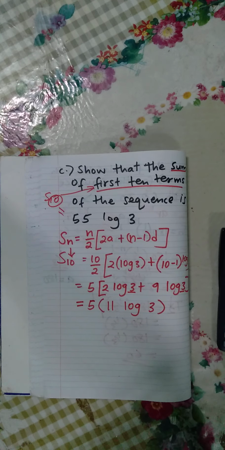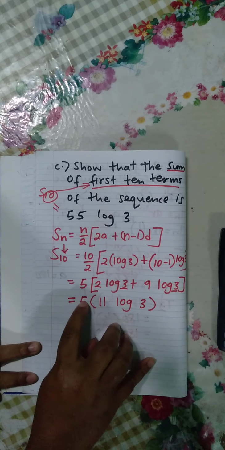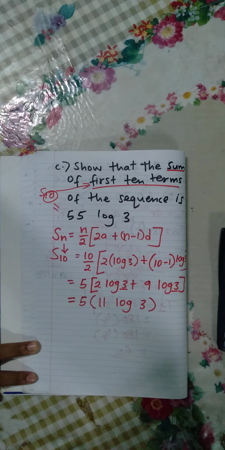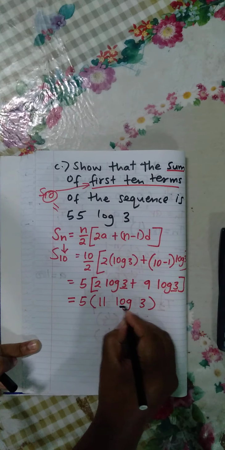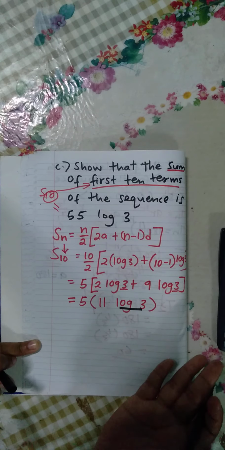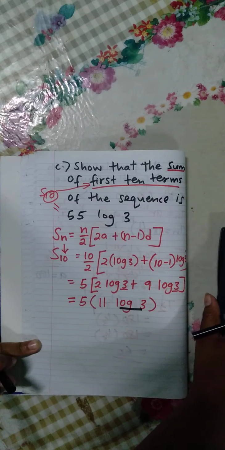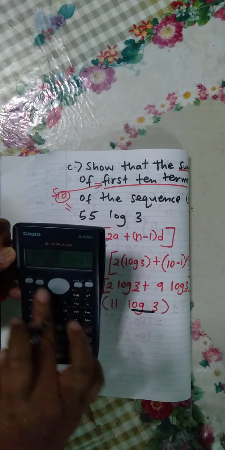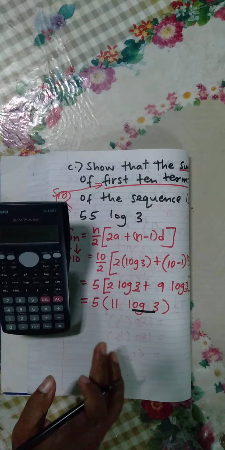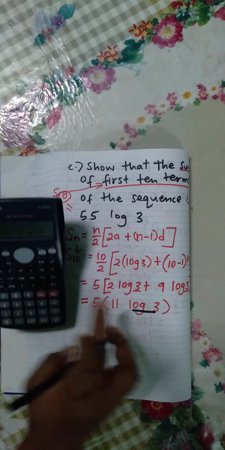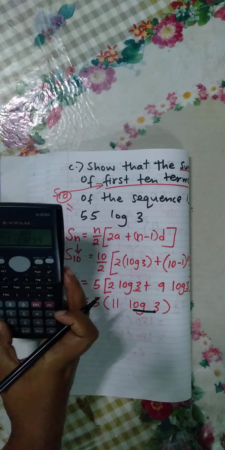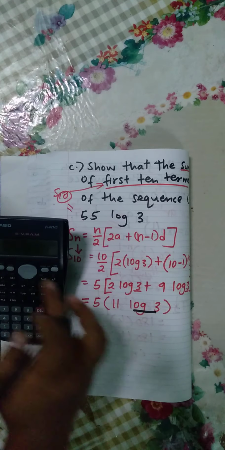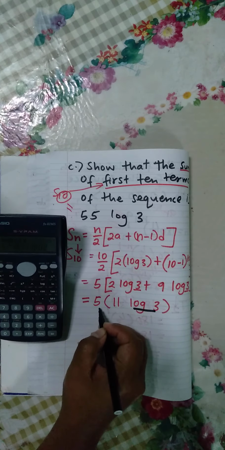So this is what I was talking about. You will not multiply 5 by 11, then after that multiply again by 3. Note that this log 3 is just a number. It's a number, but it's in decimal. It's very small. If you press it in the calculator, it's 0.47. So let's say this number multiplied by 11 is 5 point something. It's the same as just multiplying this number with whatever is outside.